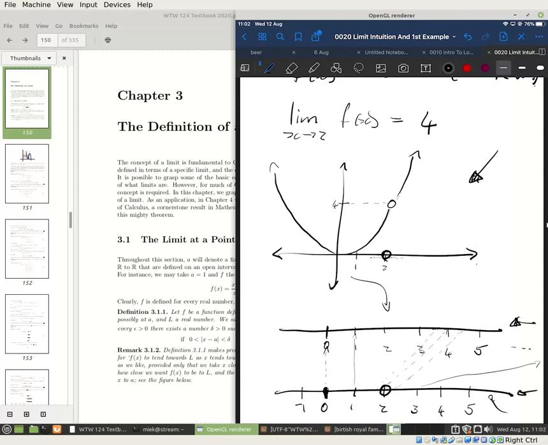So this point is sent to a point there. Okay, so now we want to make rigorous what it means to say as x approaches 2, f of x approaches 4.